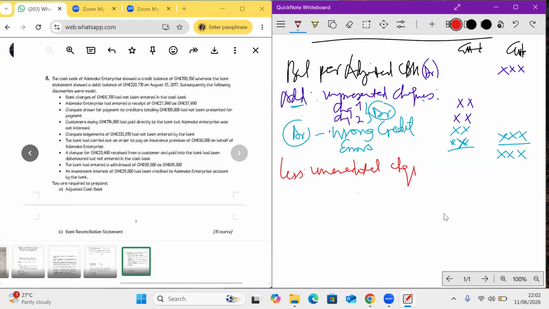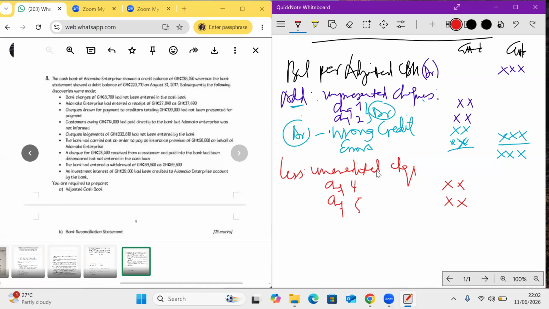Uncredited checks. We say that check 1, let's say check 4 and check 5, we will also add them. We will add check 4 and check 5. Uncredited checks. Why do we say uncredited checks? If you are dealing with uncredited checks, which side of the bank statement are we looking at?